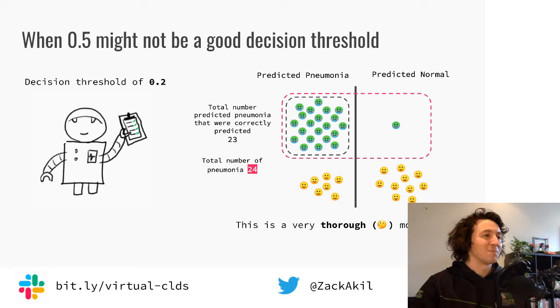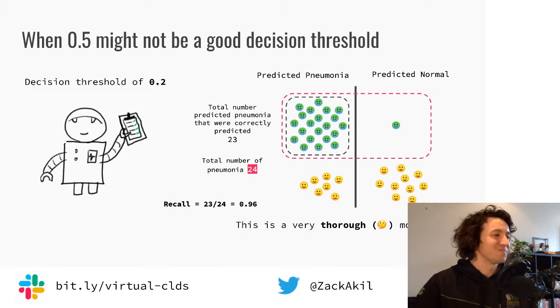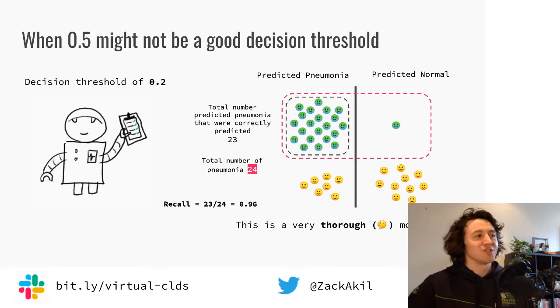If you're trying to judge how well you clean a house, you want to be as thorough as possible. You want to collect as much stuff as possible. Thorough is a nice word. The actual word is recall. So this is how much of the pneumonia cases did we recall? We want to get as many as possible.